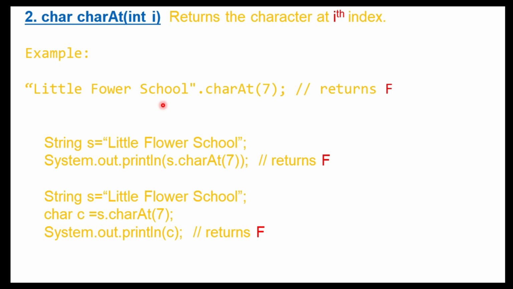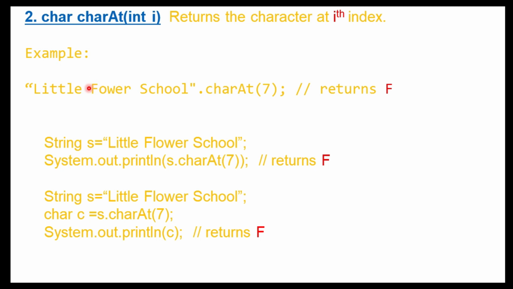Only for calculating the length our counting starts from 1. In all other cases the counting starts from 0. So 0, 1, 2, 3, 4, 5, 6, 7. 7 is the index position here.